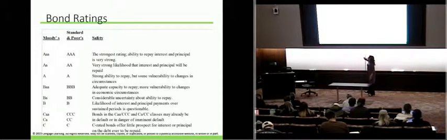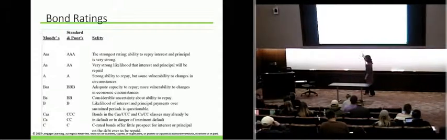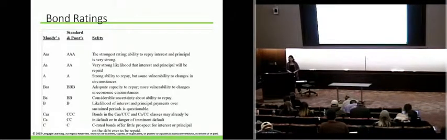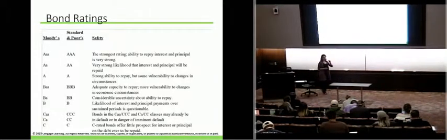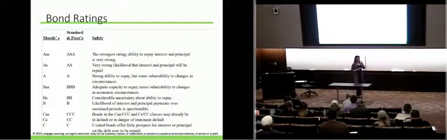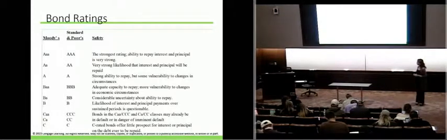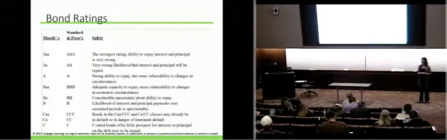So basically, if you have an A, so just like your grade, that is low risk, solid reputation, great firm, and there's a threshold at triple B. That group is called investment grade bonds.